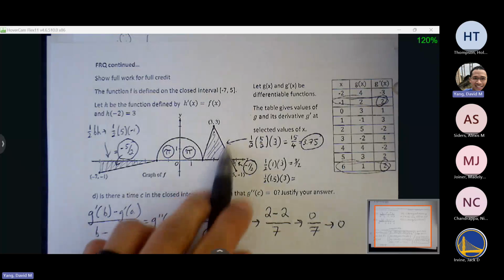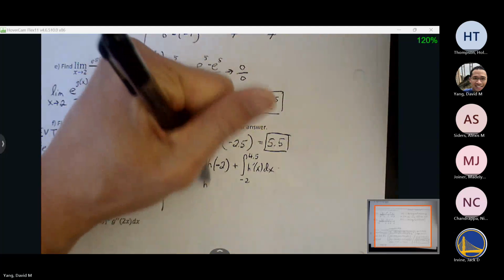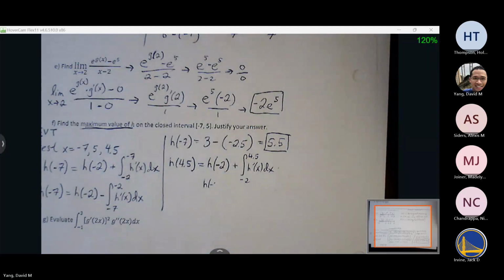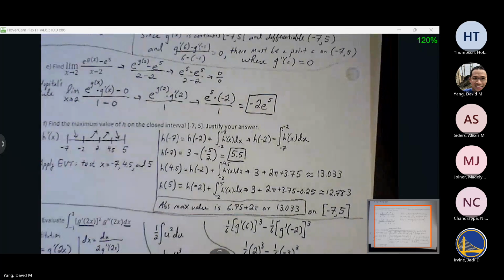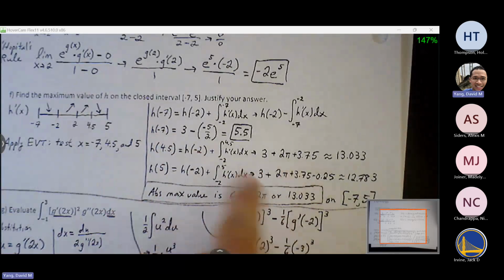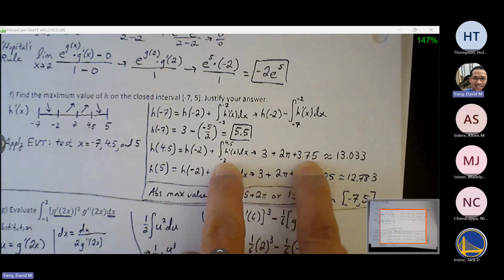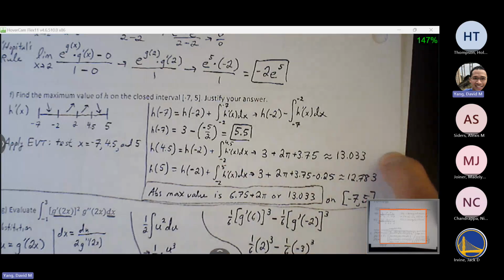So from -2 to 4.5, that's just going to be pi plus the triangle. So h of -2 is 3. And then between -2 and 4.5, we have the semicircle plus the triangle. And that gave me 13.033.